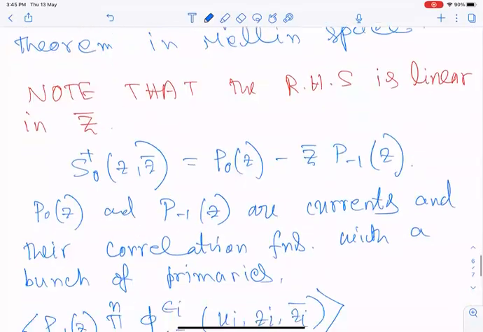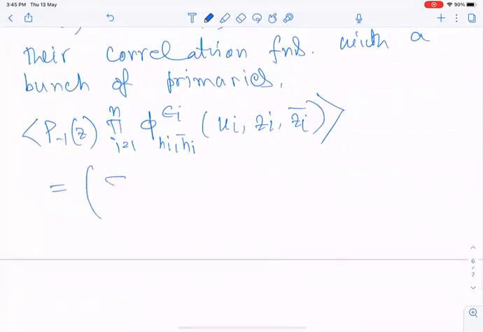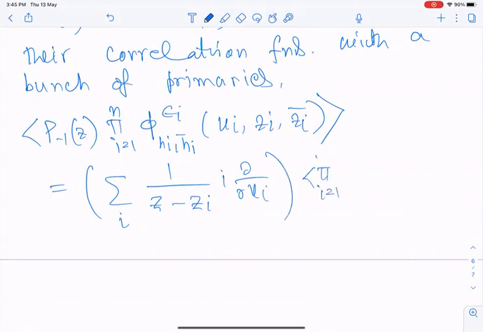So what I will get is a sum over I, 1 over z minus z_i, I del u_i, and then this.